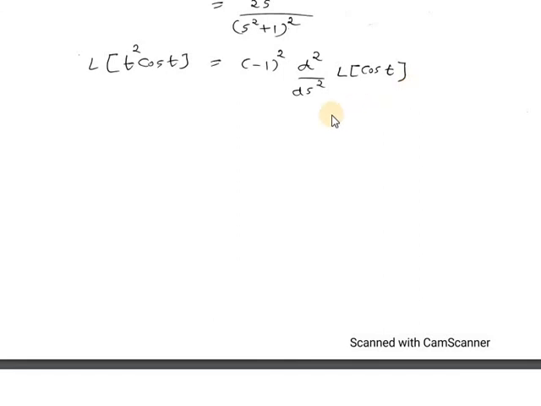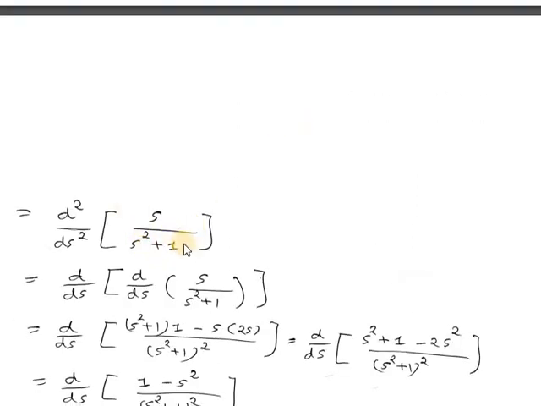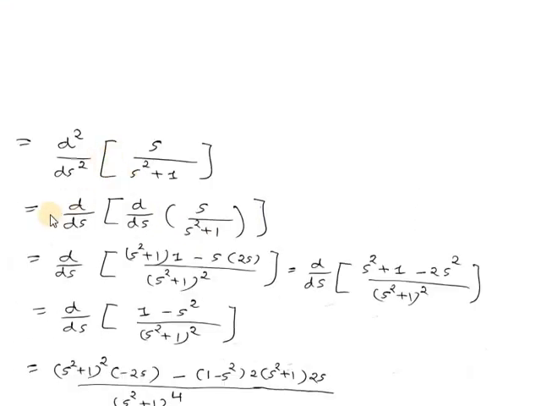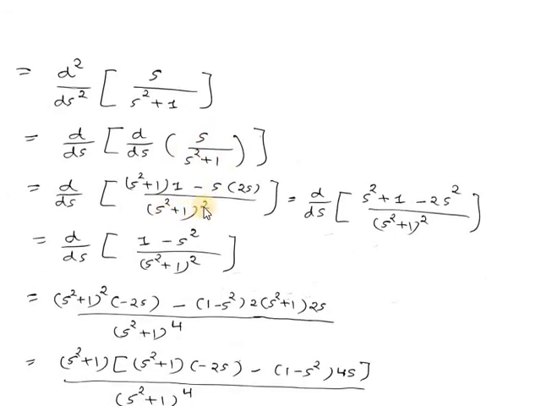Laplace of cos t will be s divided by s square plus 1. So this is equal to d by ds of s divided by s square plus 1. So here we will use u by v rule. So denominator square, denominator constant, derivative of s with respect to s will be 1, minus numerator constant and derivative of denominator will be 2s.